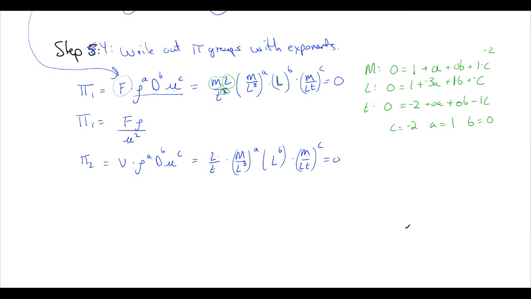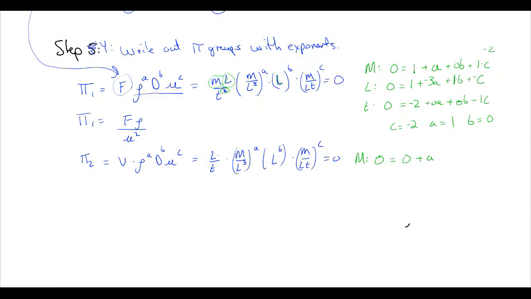Okay, I'm going to assume you paused it. Great. So mass, we're going to do mass first. We have 0 because all these have to cancel out and equal 0 is equal to, and we have nothing in the front here, so we have 0 plus A plus 0B plus 1C. For our length, we have 0 is equal to, we have an L on top, so that's L to the 1.